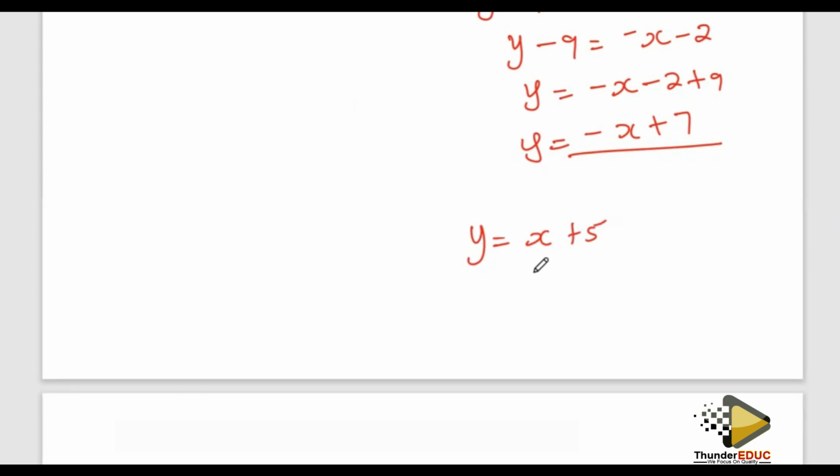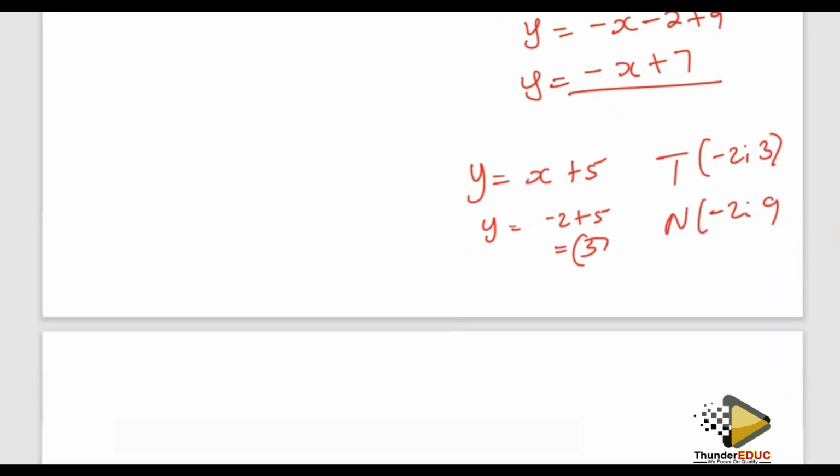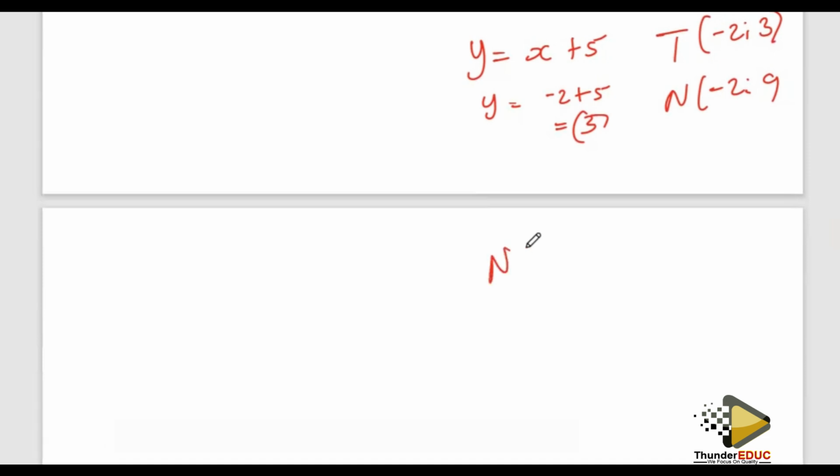Then if X is negative 2, then Y is negative 2 plus 5, which gives me 3. So which means T is negative 2 and 3. But our N is negative 2 and 9. Then just subtract these 2 values, the Y values, because the X values are the same. So I'm going to say NT will be 9 minus 3, which is basically 6 units.